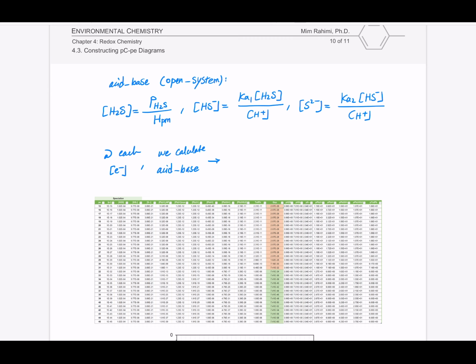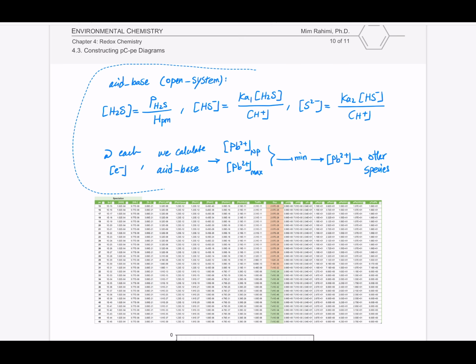Then once we have acid base, we calculate Pb2 plus no precipitation. We calculate Pb2 plus max. This is a common approach when it comes to potential precipitation. We take the minimum. And then once we have the minimum, that's basically the concentration of Pb2 plus. And then once we have that, we can calculate the other species based on all the relationships we had on the previous page.